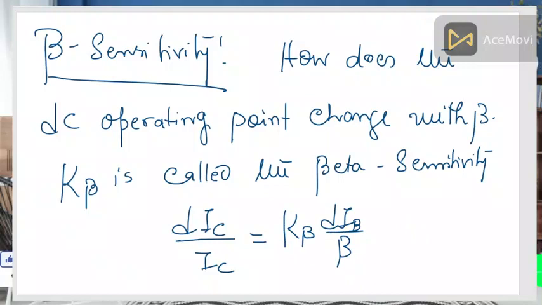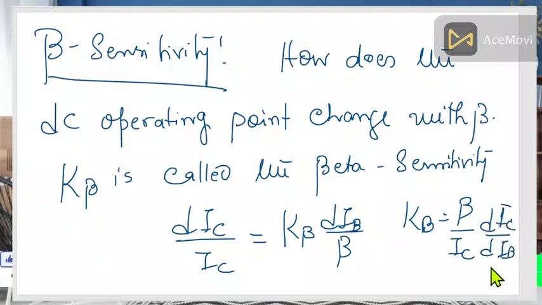So you can find K beta as beta upon IC times dIC by dIB. This is the beta sensitivity. In many cases you are asked to find the beta sensitivity, so you can make a conclusion about the stability of that circuit with respect to beta.